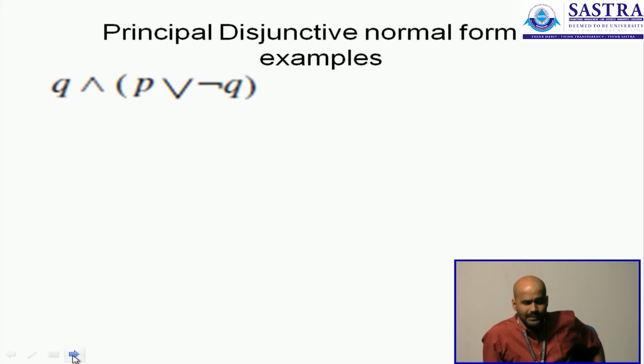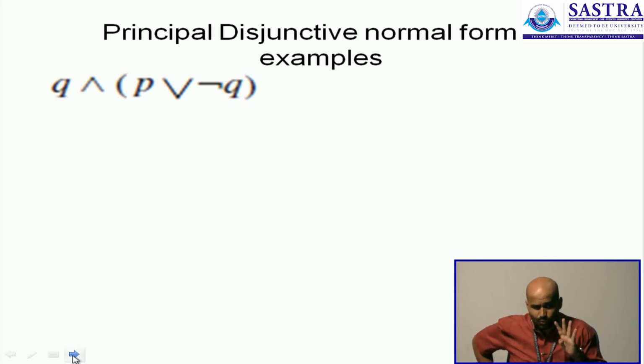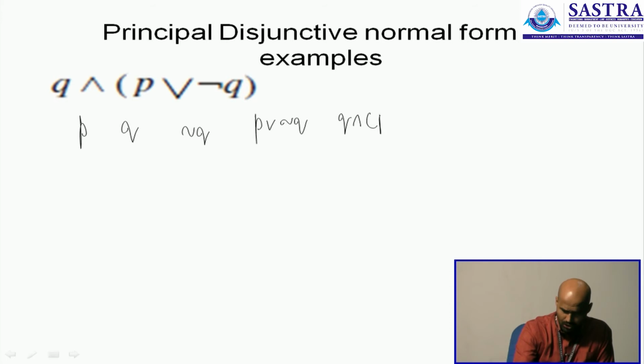Okay, similar, but the difference is you don't have a conditional this time. So what? It makes the job still easier because you got only 2 variables, and that's 4 rows in the truth table. So you have a P, you have a Q, you have a negation Q. That's all right. Your disjunction between P and negation Q, and then you have a conjunction between rows 2 and 4.